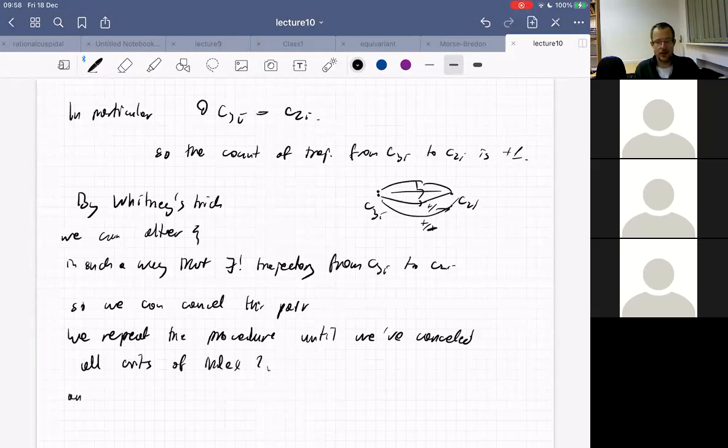And now we pass to critical points of index 3, and so on. Once we have cancelled, we pass to index 3 critical points and so on and so on.